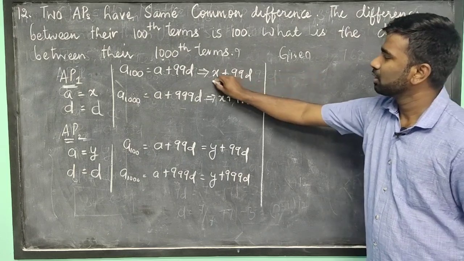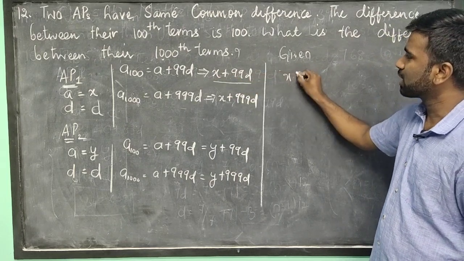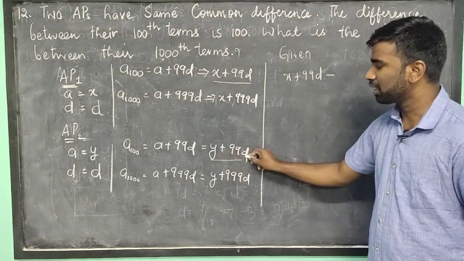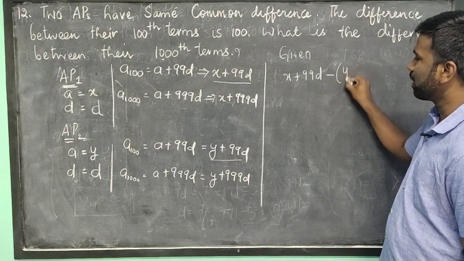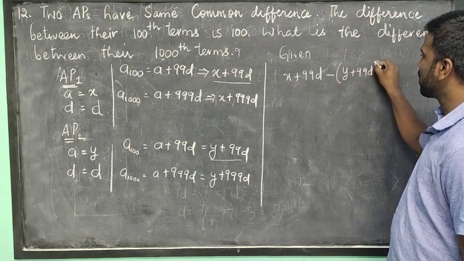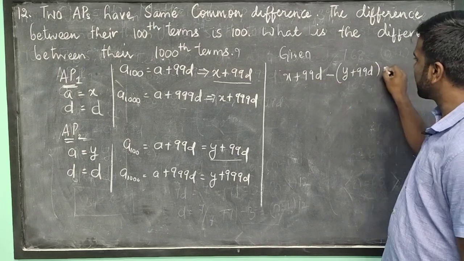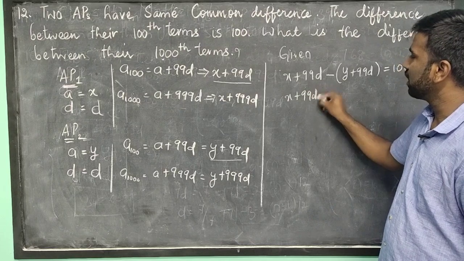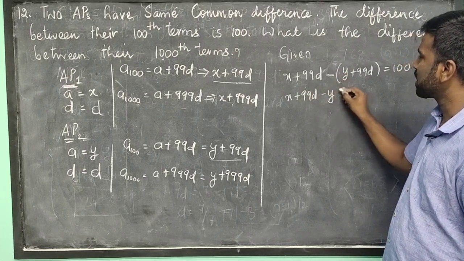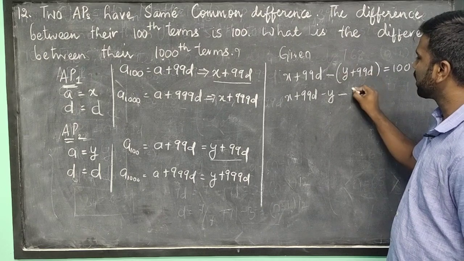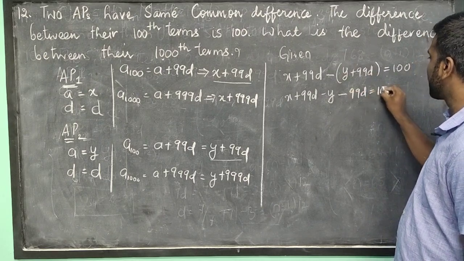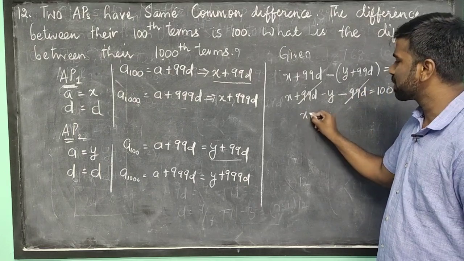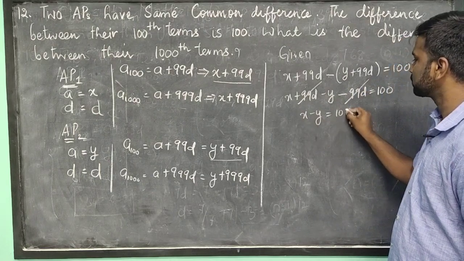The 100th term of AP1 is X plus 99D, minus the 100th term of AP2, that is Y plus 99D, which is equal to 100. Now plus 99D minus 99D will cancel out, and we get X minus Y equals 100.